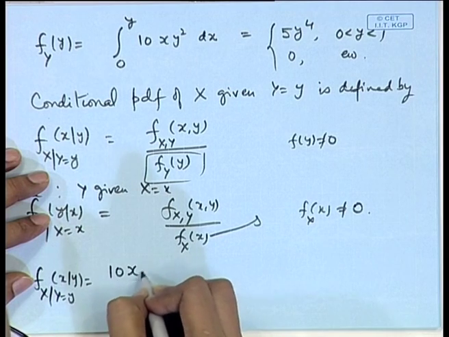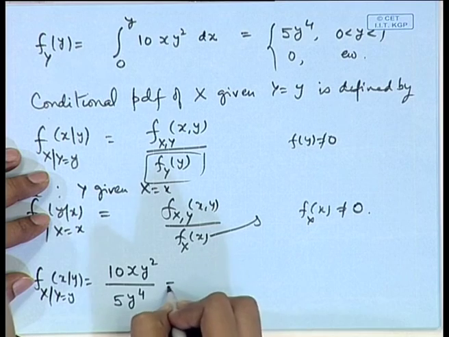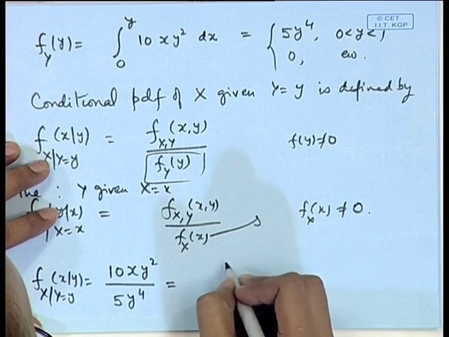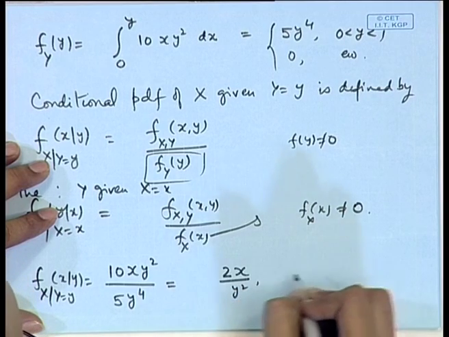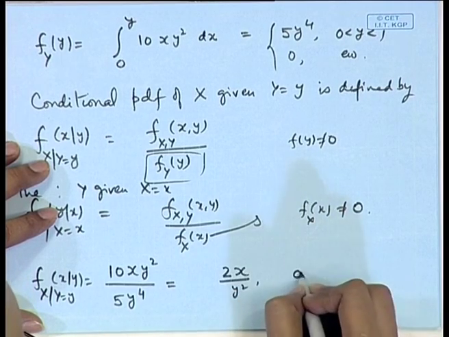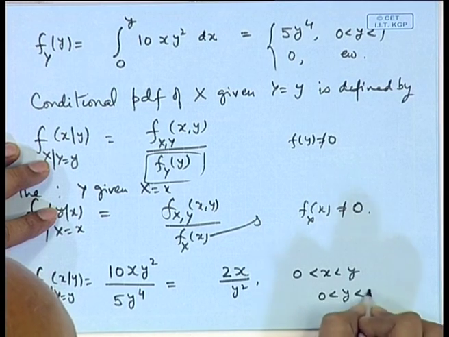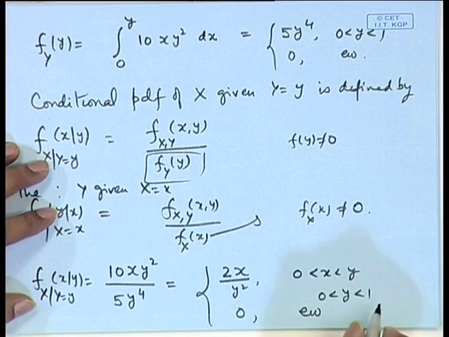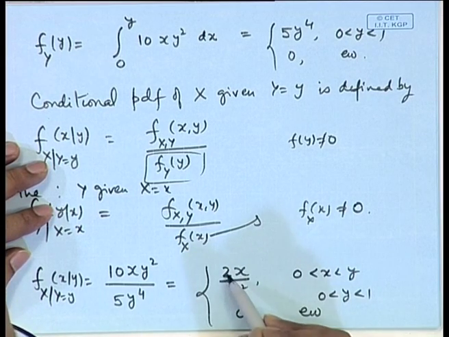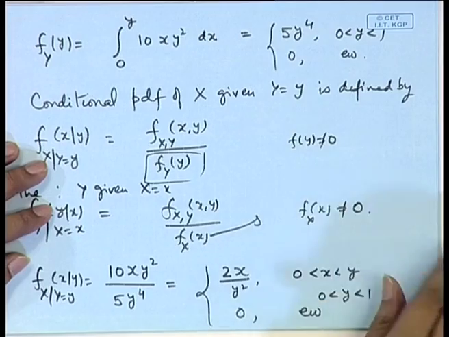So, 10 x y square divided by 5 y to the power 4 is equal to 2 x by y square, and the range of x is 0 less than x less than y for a value of y between 0 and 1, it is 0 elsewhere. You can check that it is a valid distribution. If we integrate from 0 to y, we will get y square. So, y square by y square will be 1.